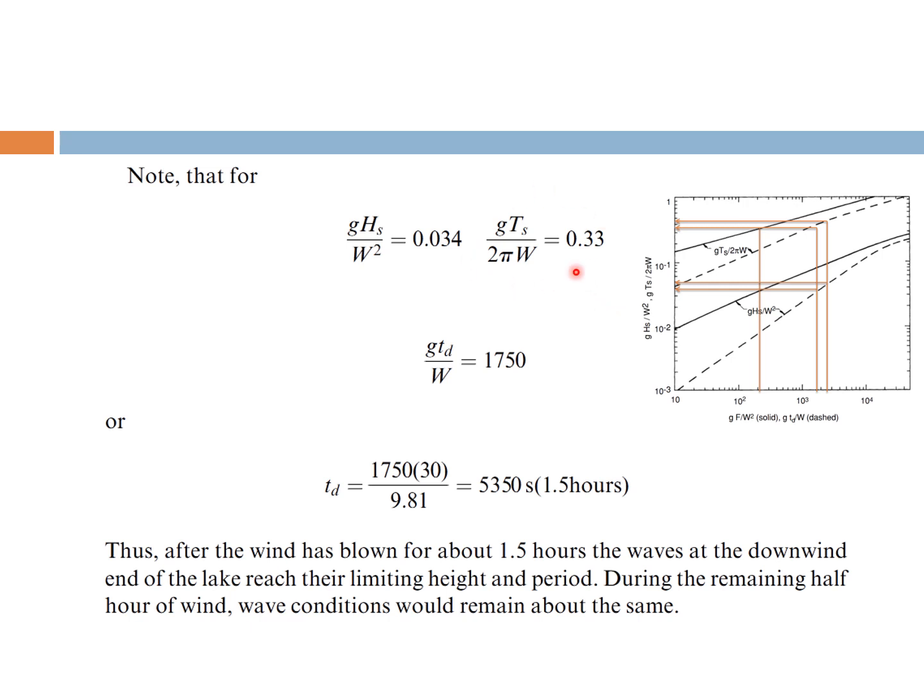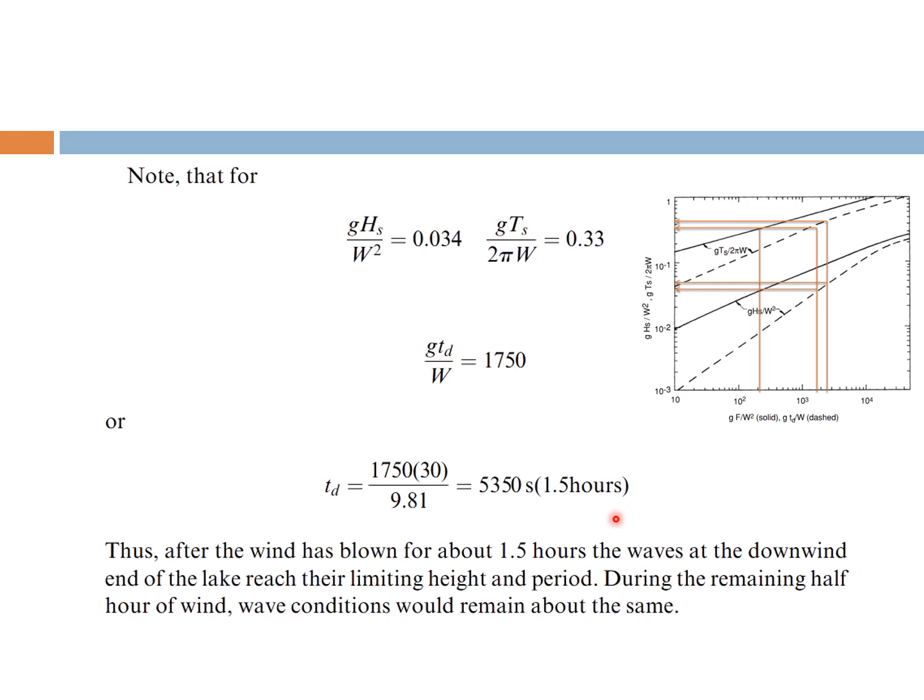Likewise, we can do the same using the dimensionless wave period. From the value of the dimensionless wave period, we read across to the dash curve, and then we read downwards to obtain the dimensionless wind duration. So the value that we get should be approximately this value, which means that this will allow us to calculate the wind duration in seconds, and that is equivalent to about 1.5 hours.